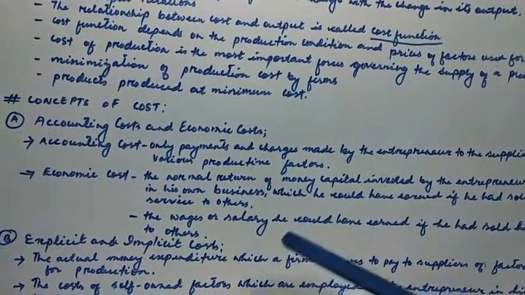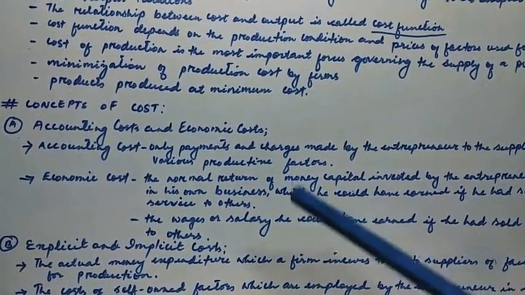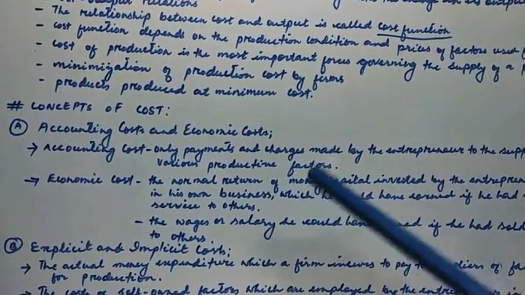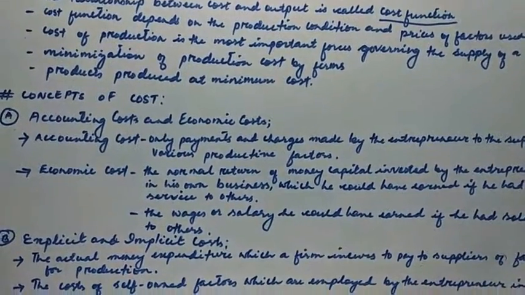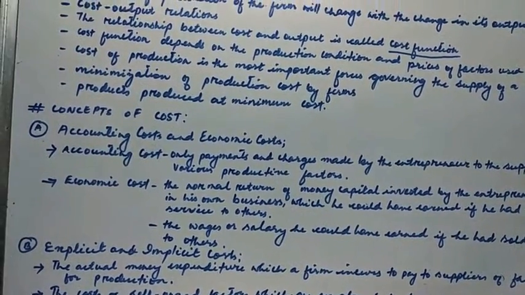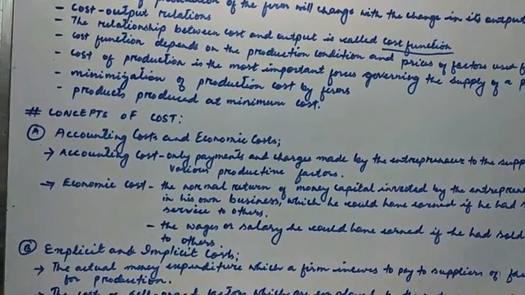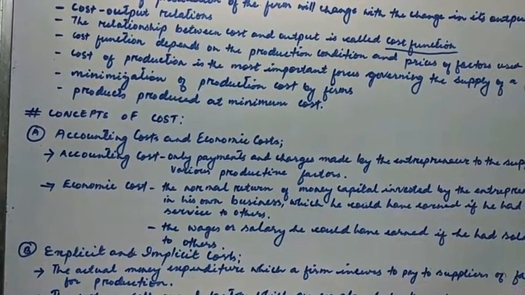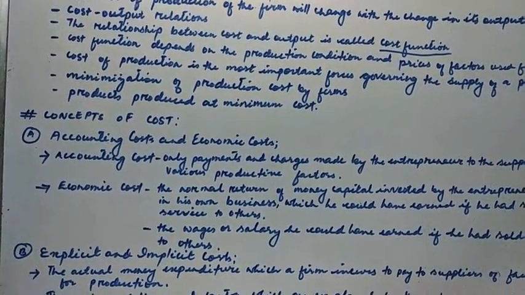So an economist's view of cost is somewhat different from this accounting cost. It generally happens that an entrepreneur invests a certain amount of his own money capital in his production business.